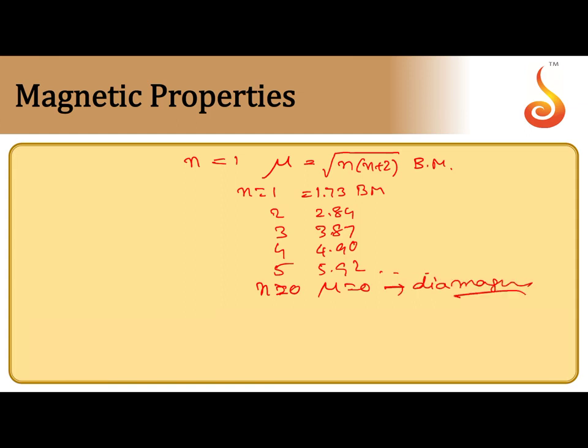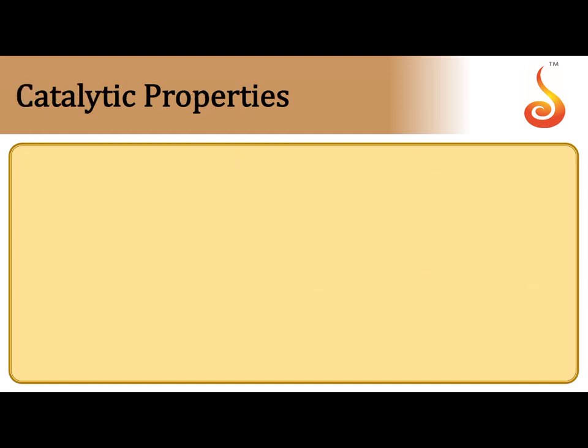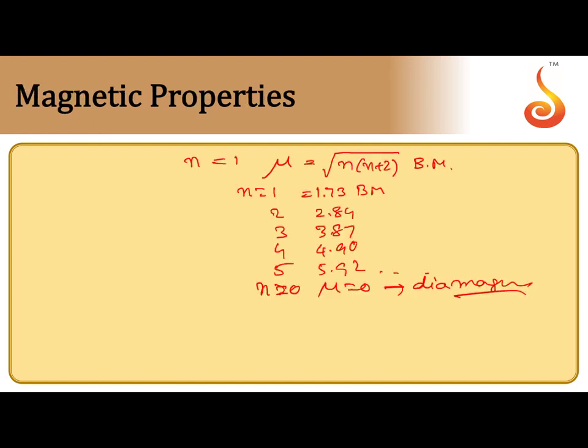So generally d block elements can have one or more unpaired d electrons, that's why they exhibit magnetic properties. Example, if you take copper, the electronic configuration of copper is 3d10 4s1. Because of one unpaired electron, it exhibits paramagnetic nature.